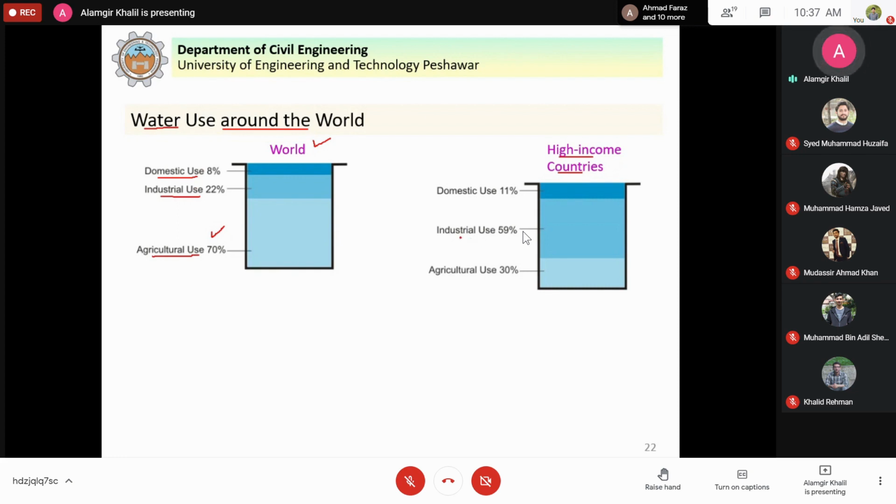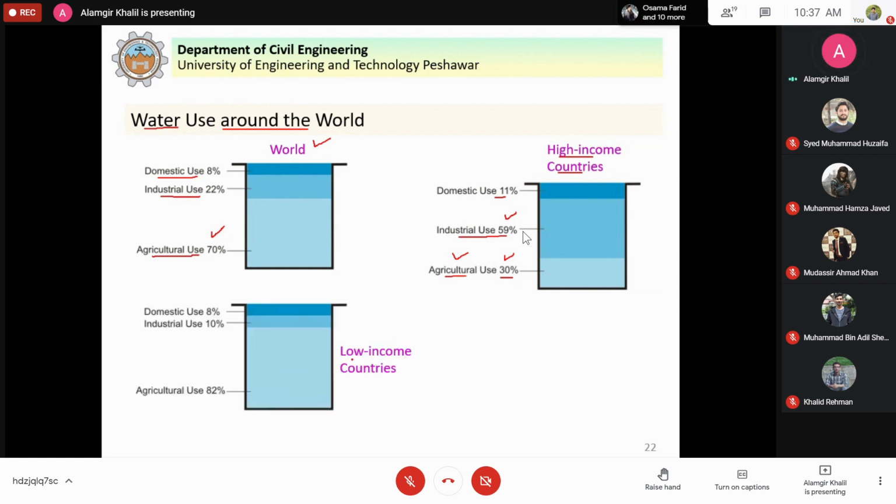You can see here that in developed countries, 59% of water is used for industrial purposes, 11% for domestic, and 30% for agriculture. And in developed countries, as we study along the different irrigation systems, you see that they are using the latest technology to supply water for agriculture purposes. So consequently, you see that 30% of water is used for agriculture.